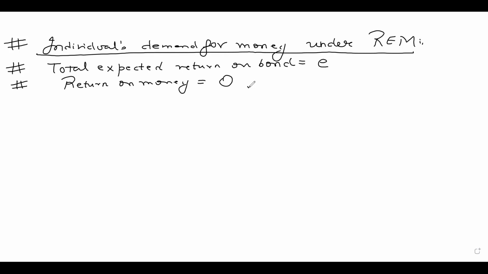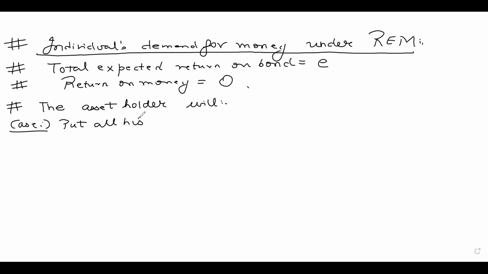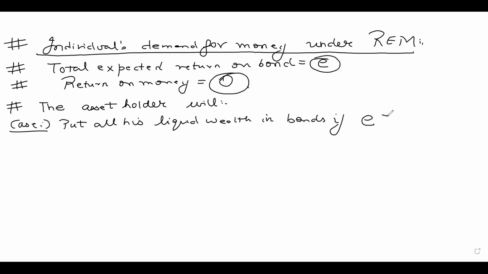Now, the asset holder will, in case 1, put all his liquid wealth in bonds if the expected rate of return on bonds is more than the return on money.